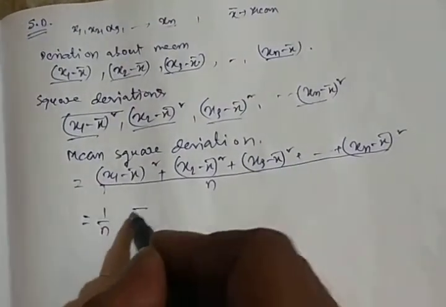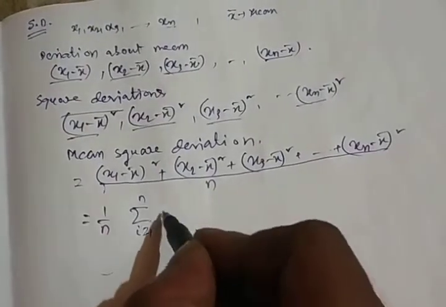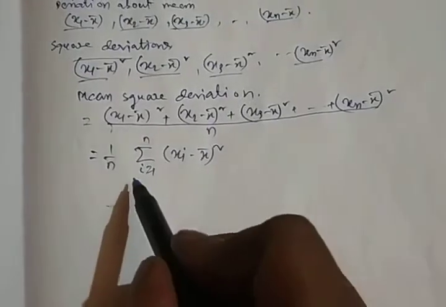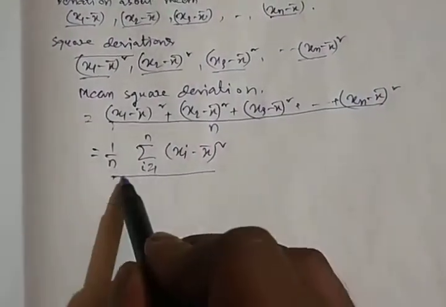In simple form, summation i equals 1 to n of xi minus x bar, whole square, divided by n. So this is the mean square deviation.